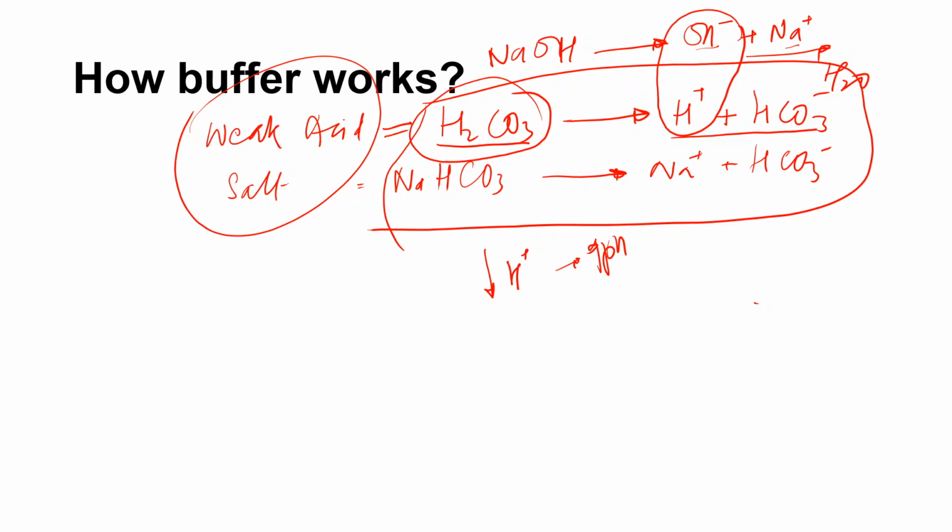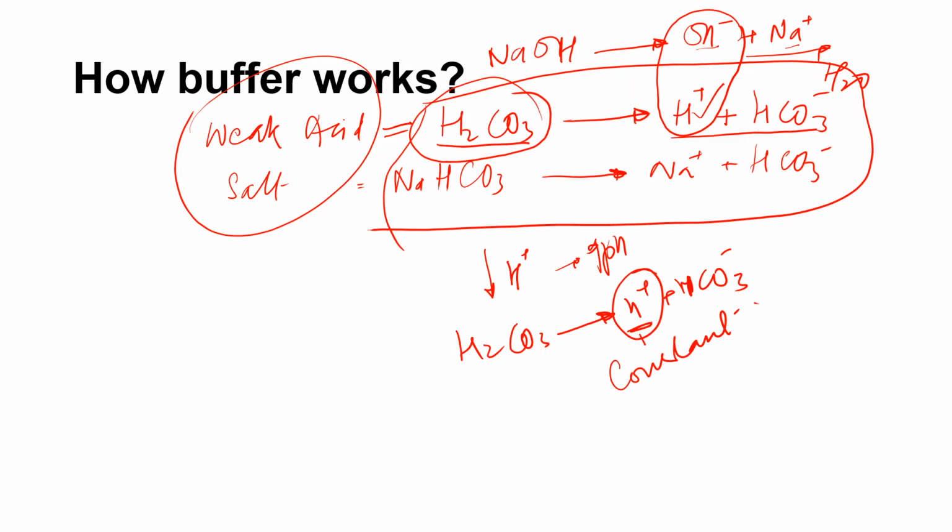So whenever the hydrogen gets utilized in a certain reaction, or a certain neutralizing reaction of a base, some of the carbonic acid will get dissociated and produce the proton. So the concentration of hydrogen ion will remain constant.